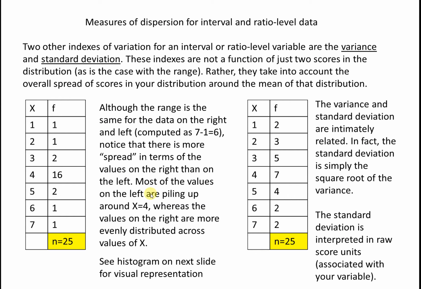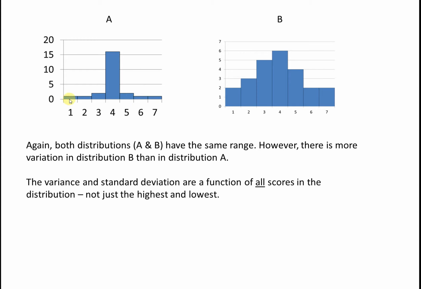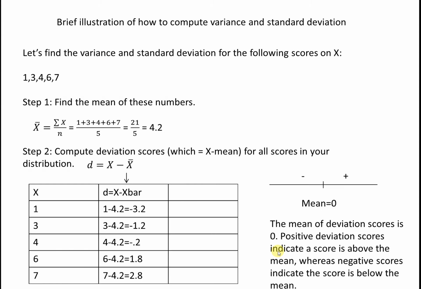So visually, you can see the difference. Both of these distributions have the same range, but there's more variation in scores in distribution B as opposed to distribution A. And so basically the variance and standard deviation will pick up on that fact, whereas if you use the range, you would be assuming that both distributions have equal amounts of variation, which would not be accurate.